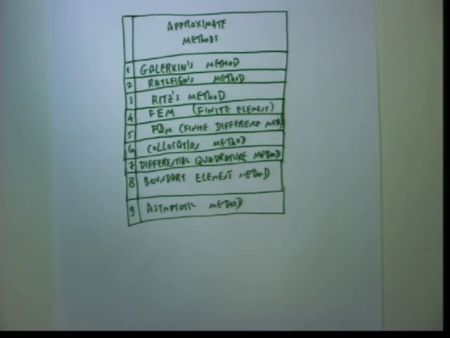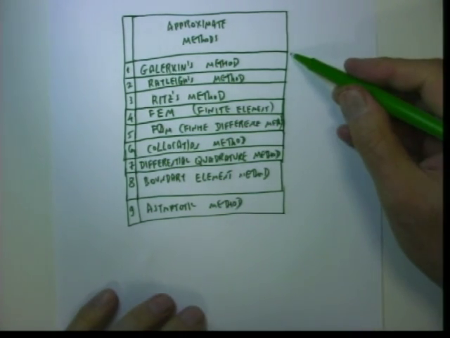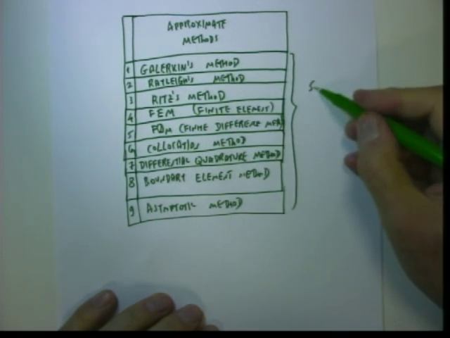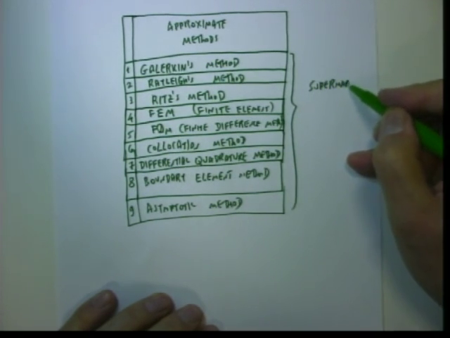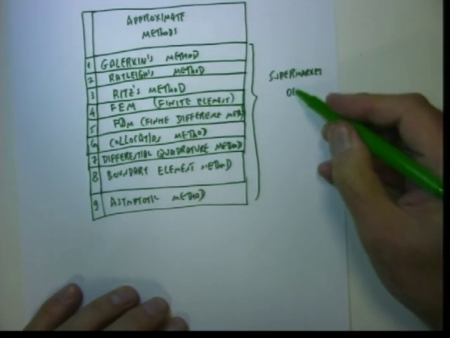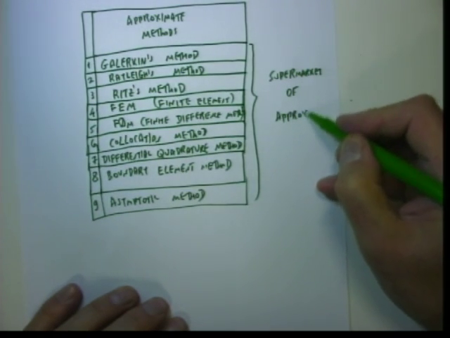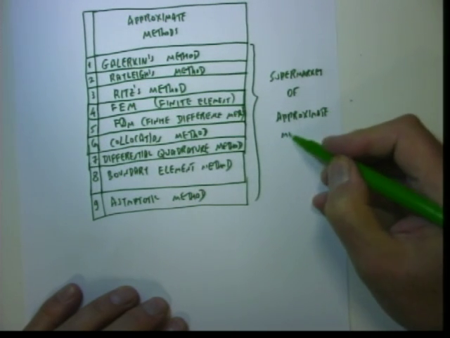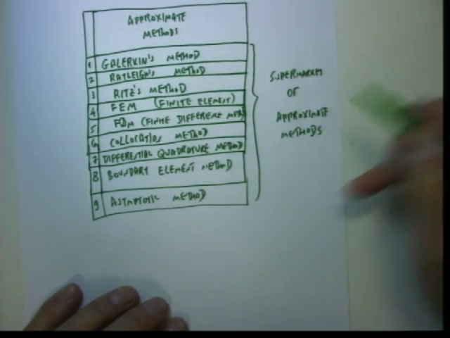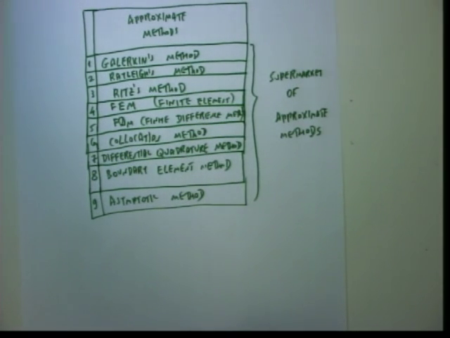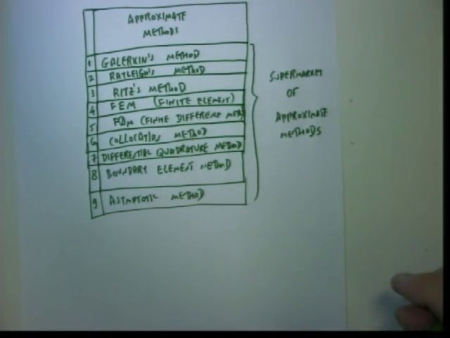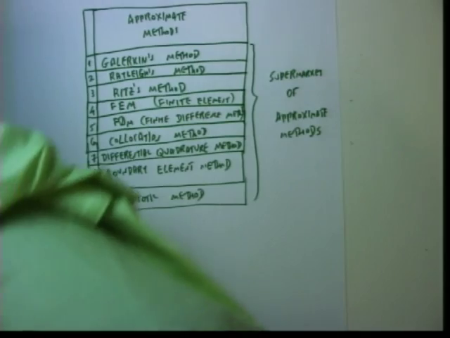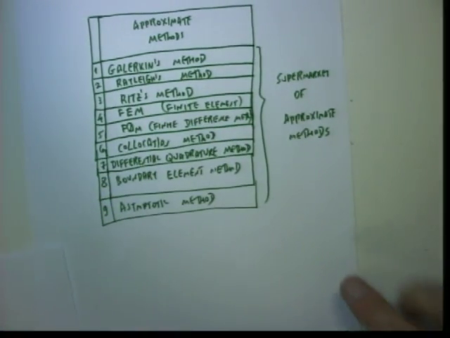There are many more methods actually, but this is more or less, if you want, a supermarket of approximate methods. Are we done with this? Yes.